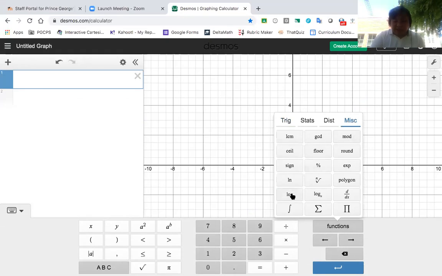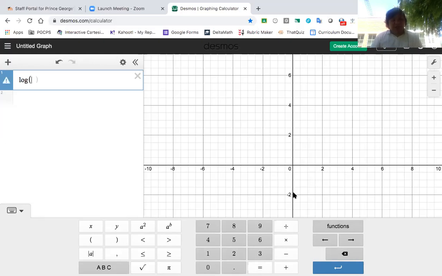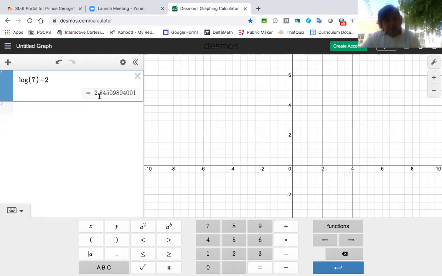If you need logarithm to the base 10, it's simply this one. If you need it in a specific base, it's actually this, right? Since our expression is simply logarithm to the base 10, we're using this one. So the problem is logarithm of 7. We're going to close that and then plus 2. All right. And then, of course, we simply get the answer 2.845 or 2.85.